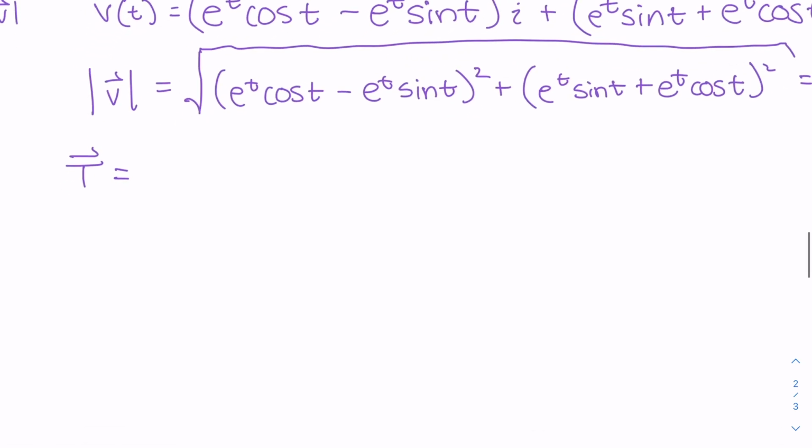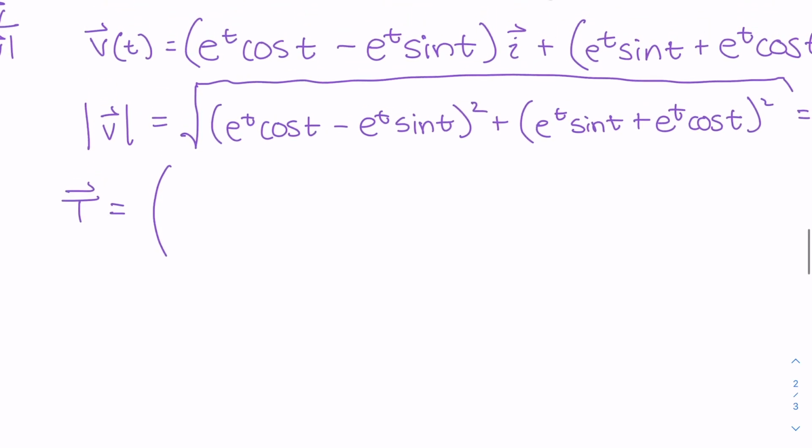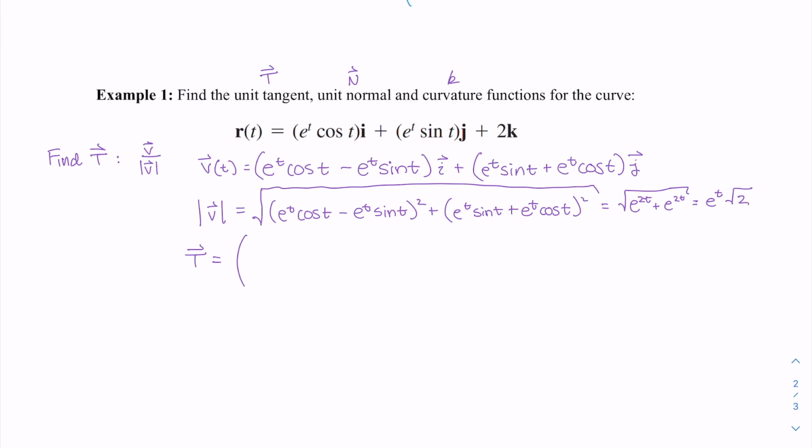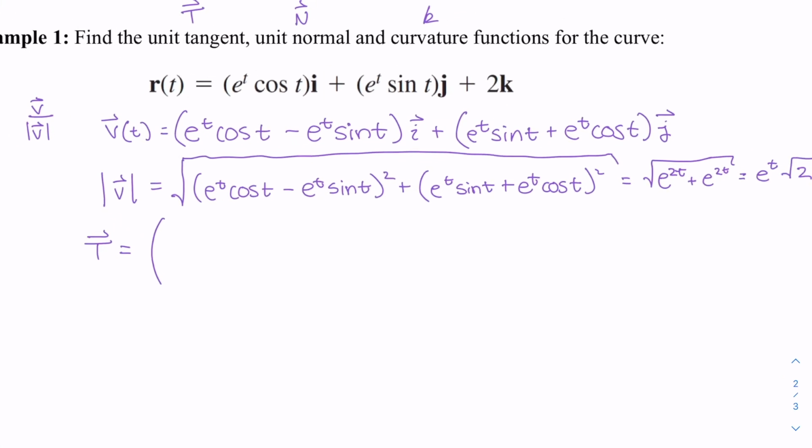It's going to be, I'll put big parentheses. This is going to work out nicely. These e to the t coefficients are going to cancel out. They'll divide out with this e to the t down here. So we're only going to end up with the square root of 2 in the bottom.